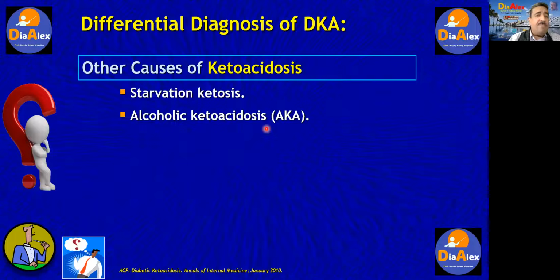So whenever you have a patient presenting with ketosis, please ask about history of alcoholism, and please check if your patients have been starving in the last 24 hours. This can explain many patients with ketosis.